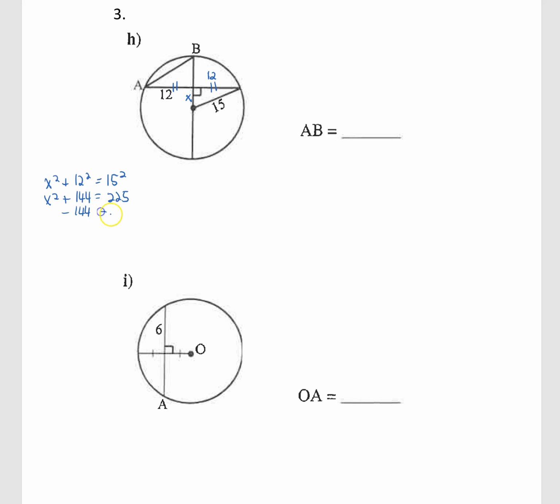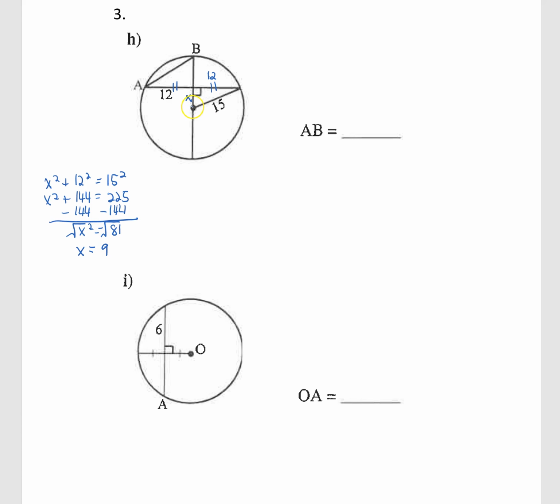Subtracting 144 from 225 gives us 81. We take the square root of both sides, we get x is equal to 9. So this segment here is 9.